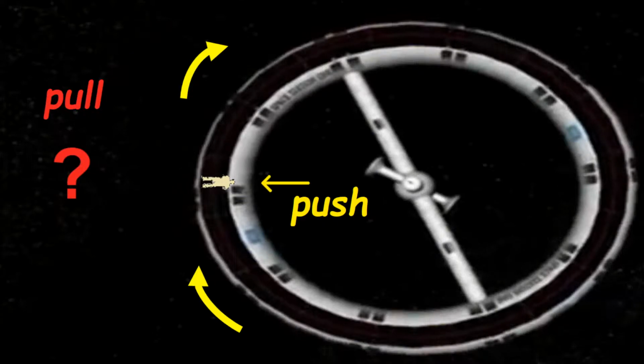Does it have the same effect on your body? If you lived 20, 30 years in space, would that be the same as living those same 20 or 30 years on Earth, where every atom of your body is constantly being pulled by the Earth's gravitational acceleration field, whatever you want to call it?